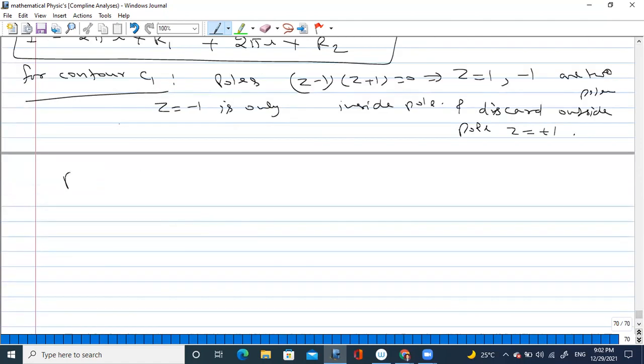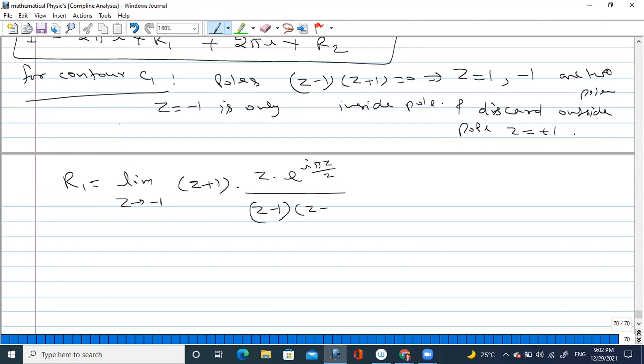Okay. So R1 will be limit z tending to minus 1 of (z minus z0) f(z). So z minus z0 is z plus 1 because z0 is minus 1, into f(z). f(z) is z e to the power i pi z by 2 divided by (z minus 1) into (z plus 1). z plus 1 and z plus 1 cancel.